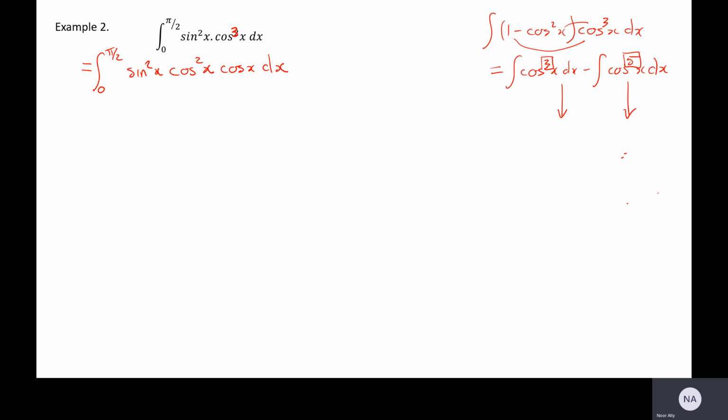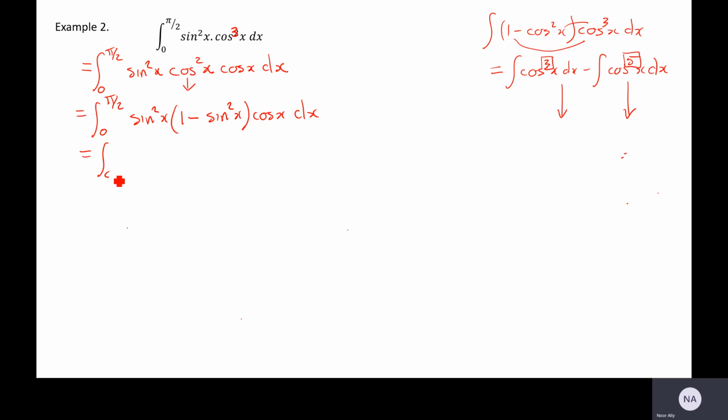Now, why would I want to do that? Because now I can use this identity, and that becomes the integral 0 to pi over 2 sine squared of x. What's cos squared? 1 minus sine squared of x times cos of x dx.